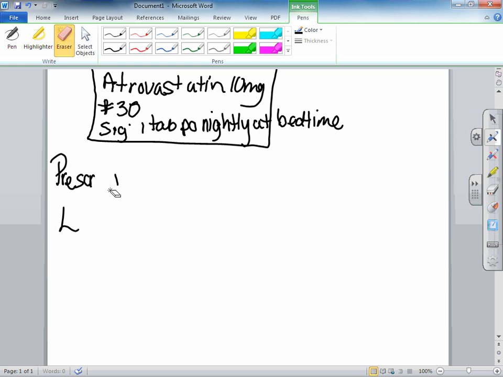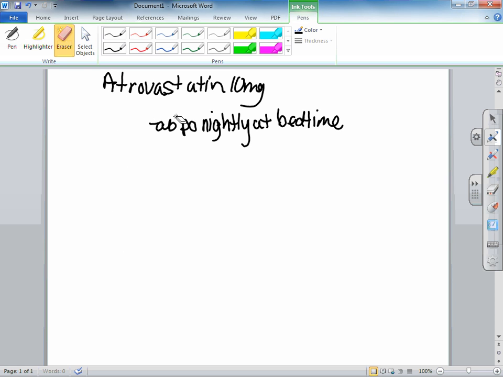So my interpretation of this prescription, what I will write on that first label, that first line, will read hydrocodone with APAP. APAP happens to be Tylenol, 5/500, quantity 20, 1 or 2 tab by mouth every 6 to 8 hours as needed for pain.